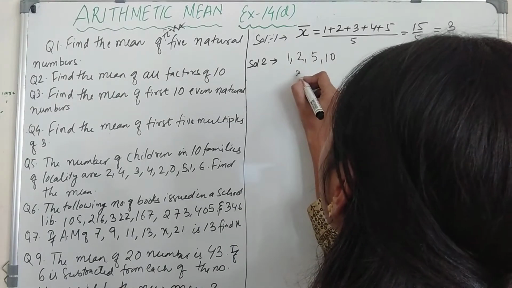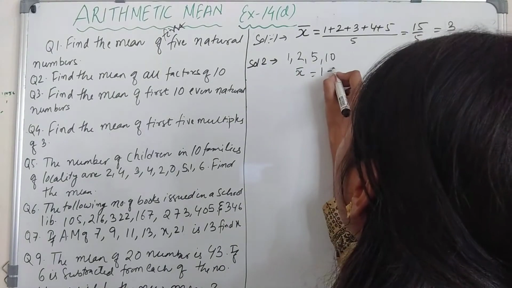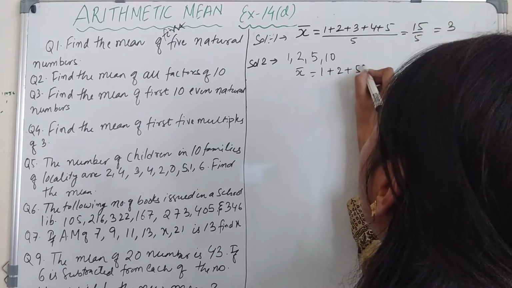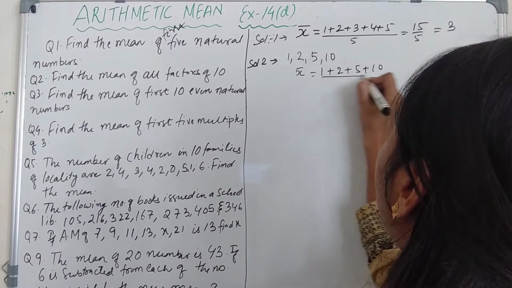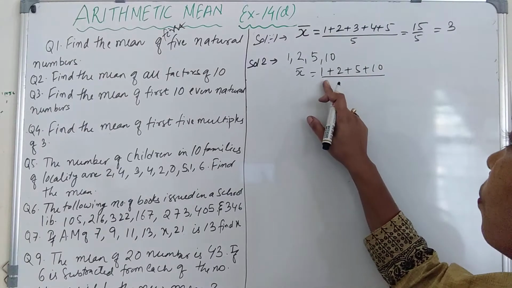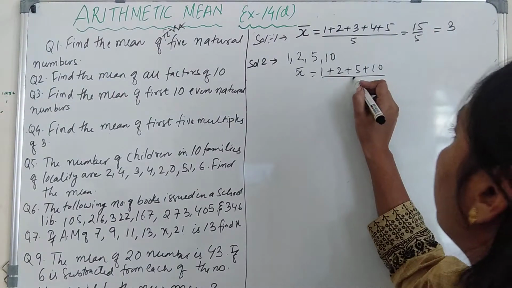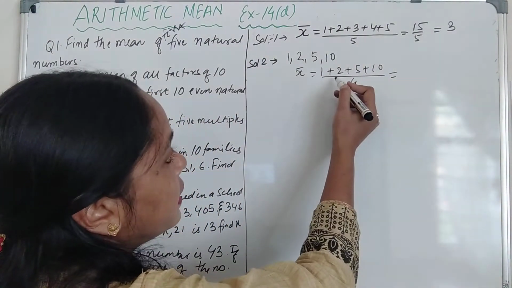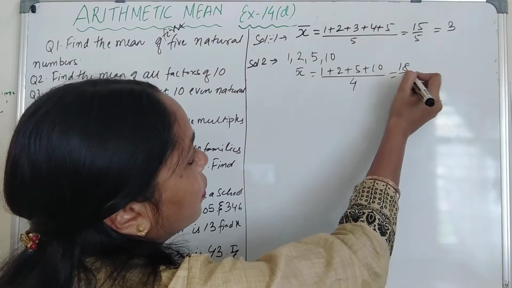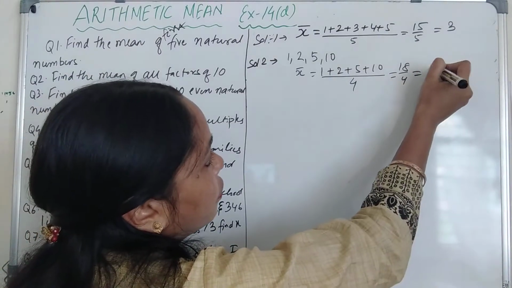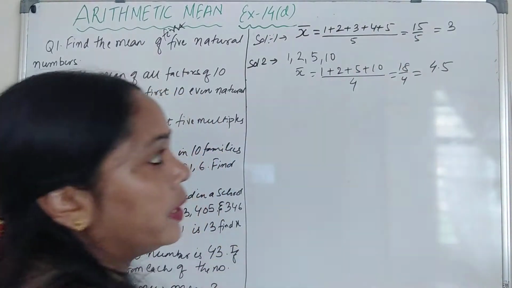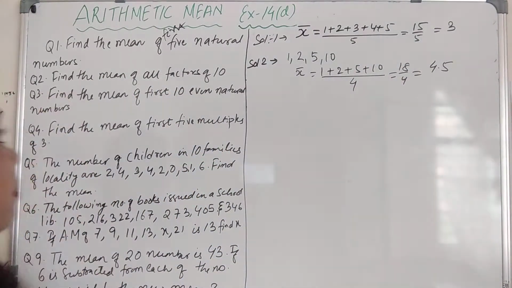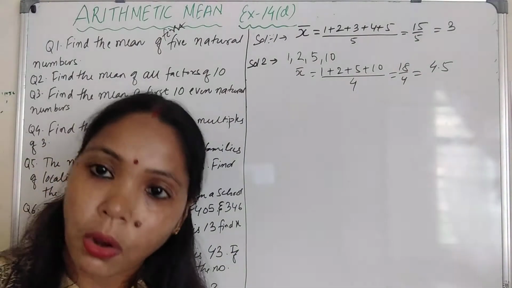So x bar will be 1 plus 2 plus 5 plus 10 divided by how many observations? 1, 2, 3, 4. So this is equal to, add it, 15, 16, 17, 18 by 4. And if you divide this, 4 4s are 16, 4 5s are 20. So 4.5 is the mean of all factors of 10.